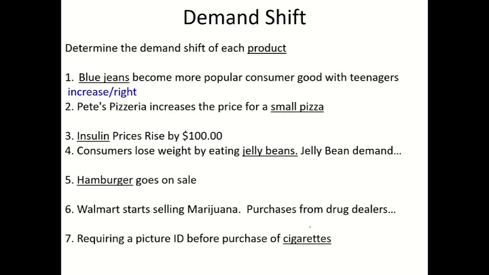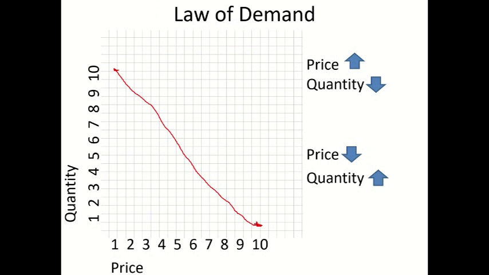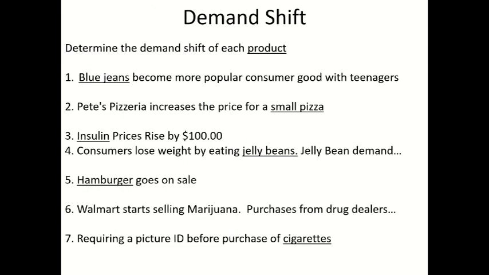So if you go back to that graph, demand will increase, okay, and it will travel this way to the right. So if you want a better understanding, it's probably a good idea if you sketch this out, because looking at demand shift and where it goes, you're going to have to visualize it. It's easier if you write it or draw it out.